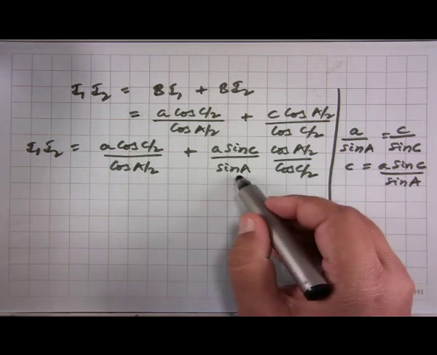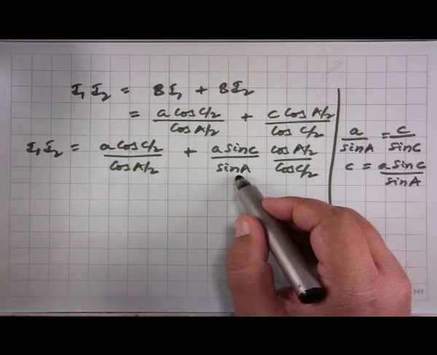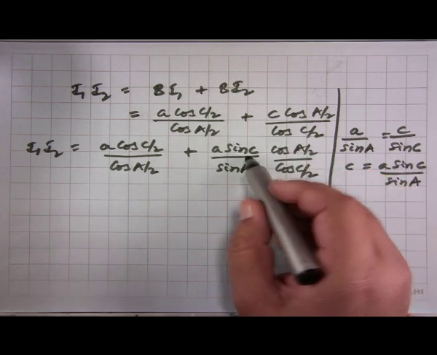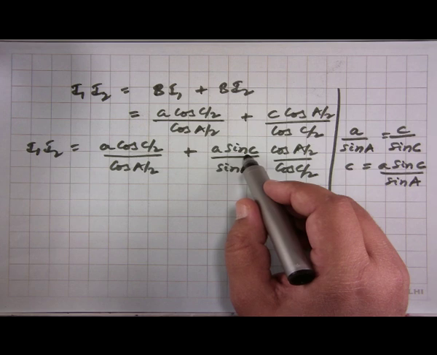But we know that sin A is 2 sin(A/2) cos(A/2). So, the cos(A/2) will cancel with this expression here, and similarly we know that sin C is 2 sin(C/2) cos(C/2).